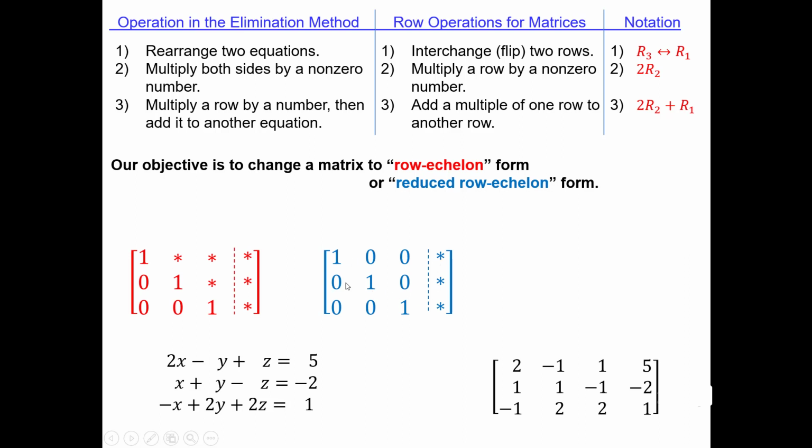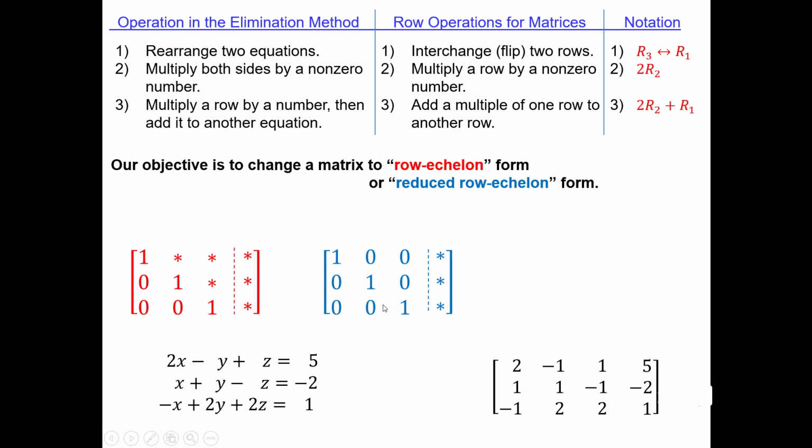And likewise, in the second row, that would indicate that y, with no x's and no z's, would equal this number. And in the last row, z, with no x's and no y's, would equal this number. And so our goal here is to do our best to move everything around, to manipulate this so that all of these coefficients become ones or zeros.